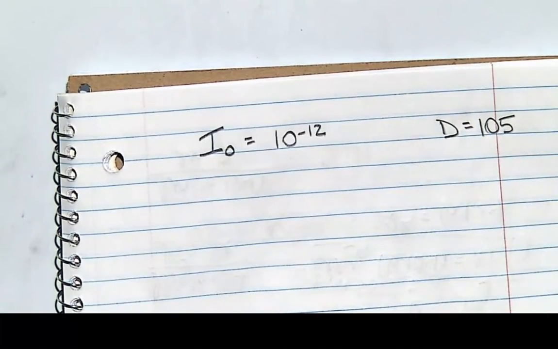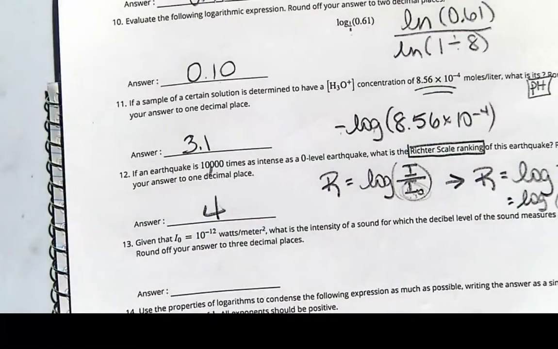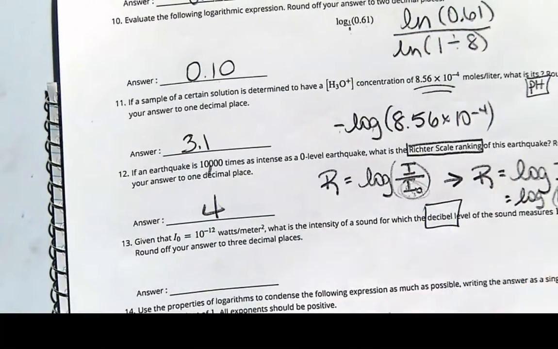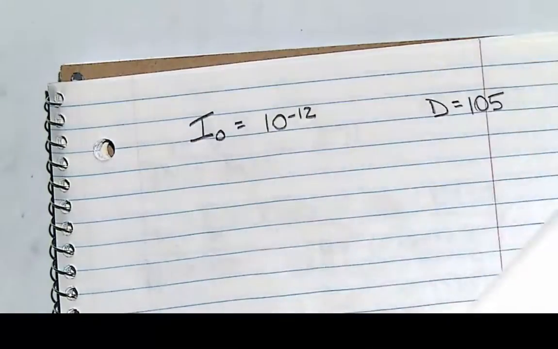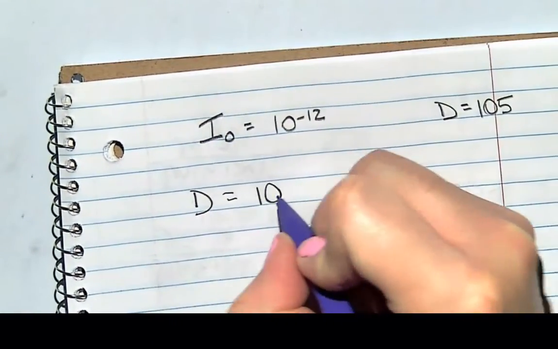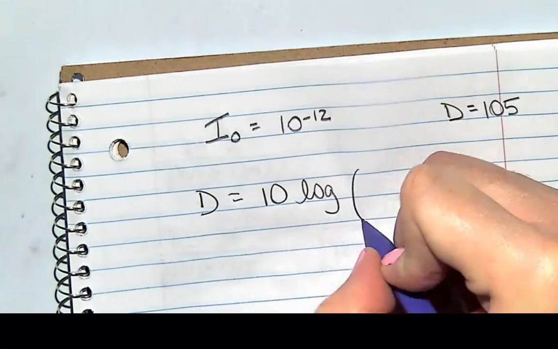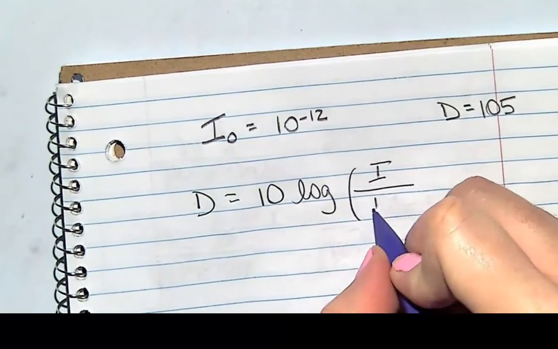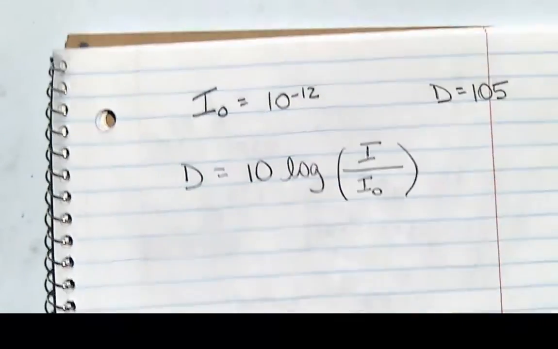When you click the little blue box, something is a clickable thing, so you can find out what the formula is. All right, so what you'll find out is that your decibel level is 10 times the log of I over I sub O.